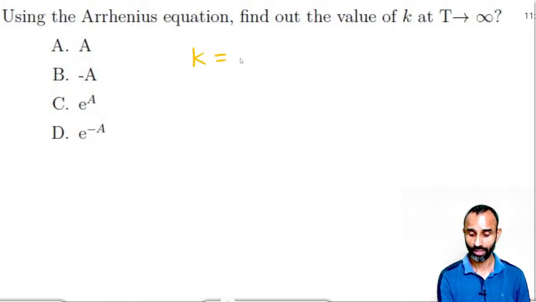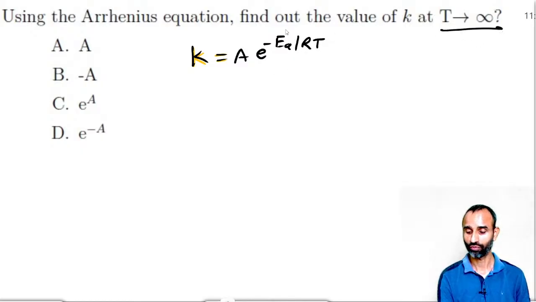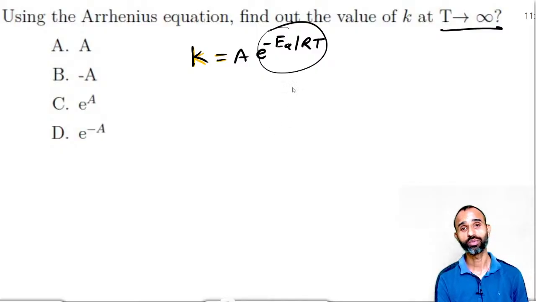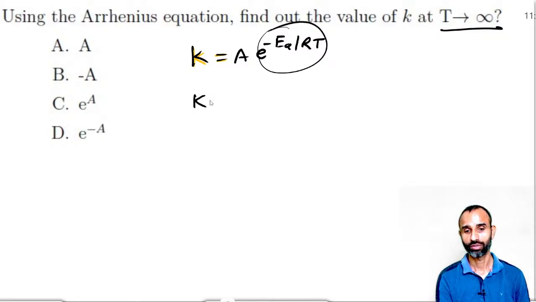Because K is equal to A into e raised to power minus Ea by RT. As T tends to infinity, this part becomes e raised to power 0, which is 1. So K is equal to A.